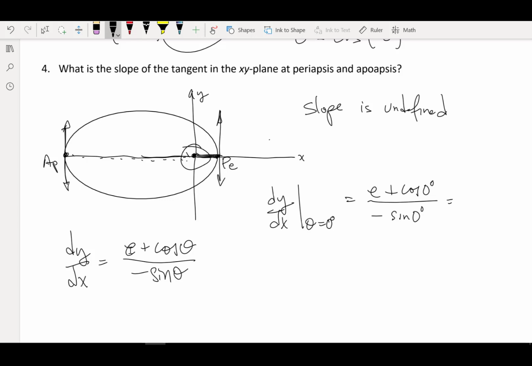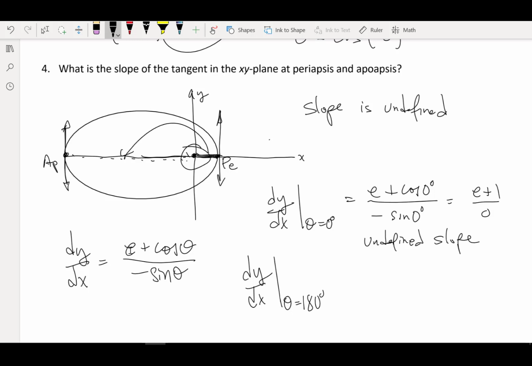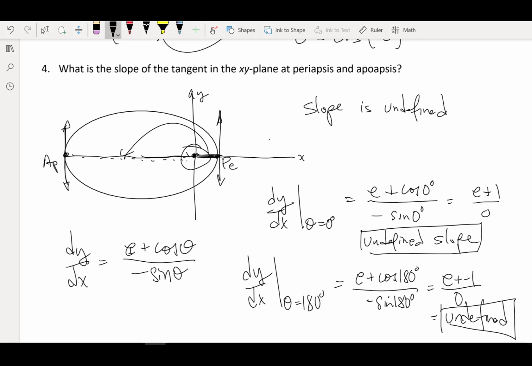So this is e plus 1 over 0. And dy dx at 180 degrees, that's true anomaly at the apoapsis. Well, the sine at 180 is also 0. So both of these slopes are undefined.